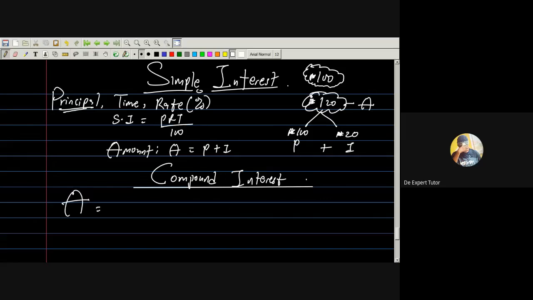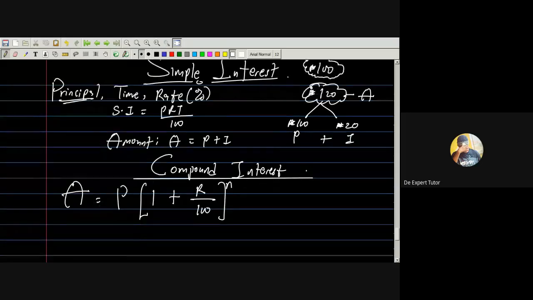To find amount in compound interest, we use this formula: P times bracket 1 plus R over 100, raised to power n. A equals principal, bracket 1 plus R, the rate over 100, to the power n. This is how we calculate amount.